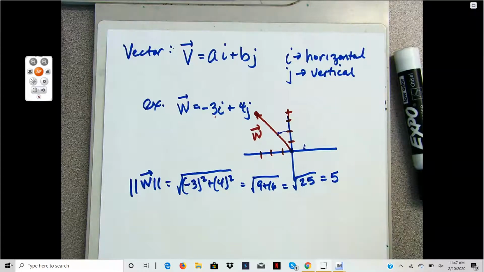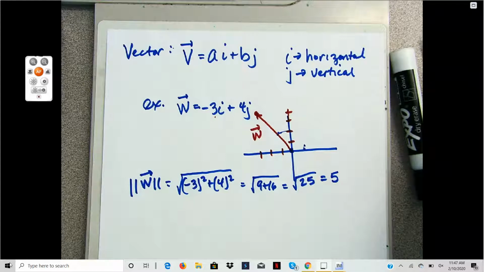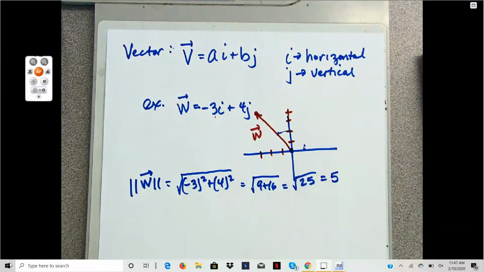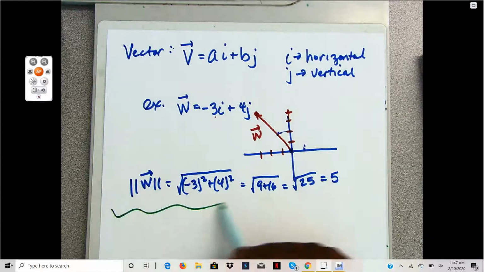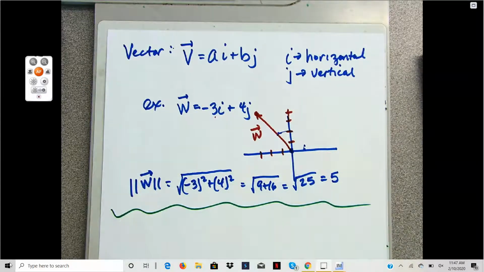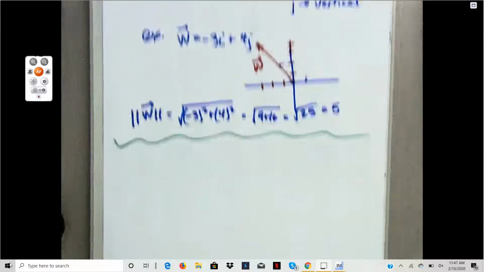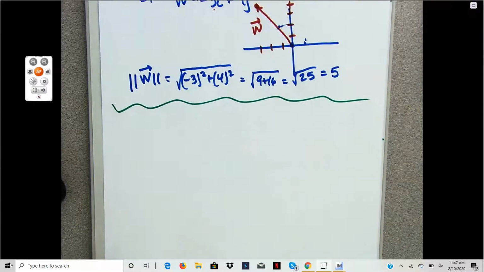Now, you guys are a little ahead of my Calc BC class because they don't start the vectors until tomorrow, and then after that, they're doing polar. So you guys are kind of in the same spot where they are. Pre-calc being tough? Well, in calculus, you're going to use a lot of the material that we learn in pre-calc.